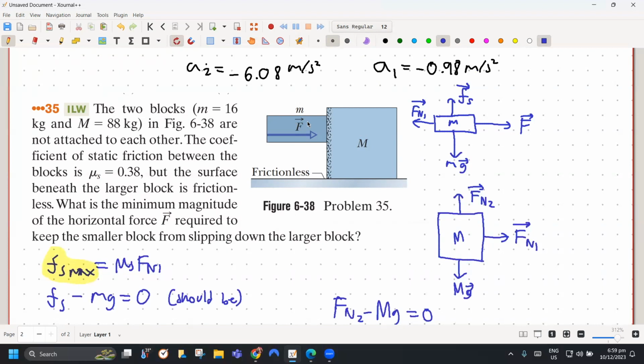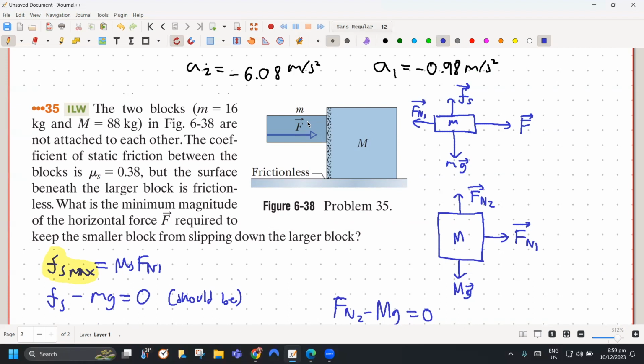May minus sign kasi ang direction to the left. Paano yung big F? So, it's pointing to the right. Ano yung component? Its magnitude. Yung sign should be positive.